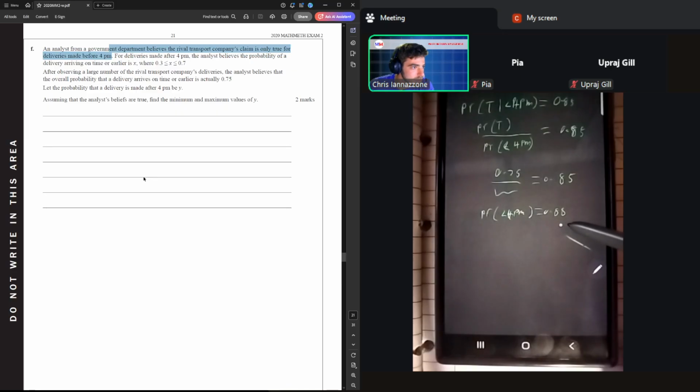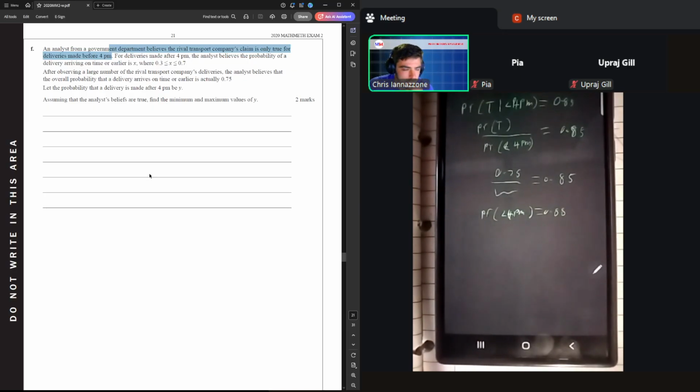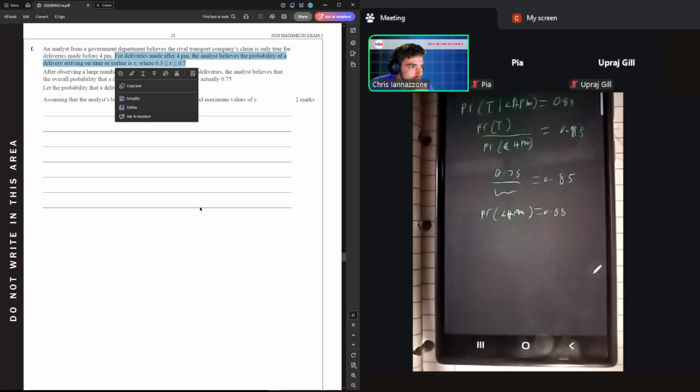We want the minimum and maximum. Maybe we need to look at this one. Deliveries made after 4 p.m. It's going to be anywhere from 0.3 to 0.7.